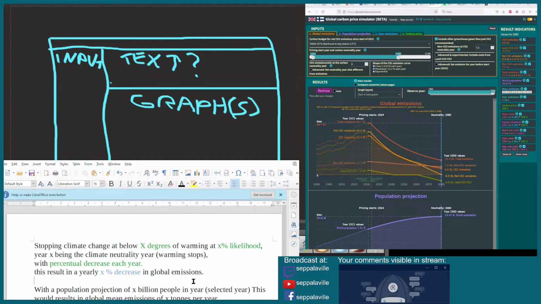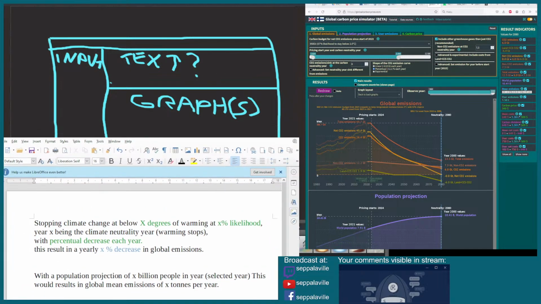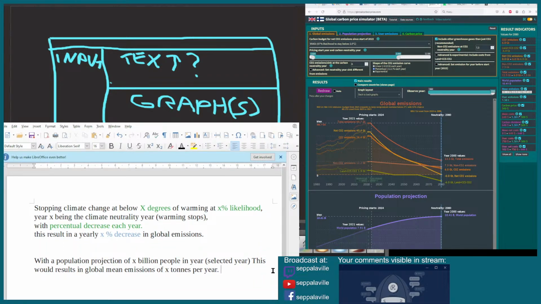So maybe we also need here, in the meanwhile, in year X, and this would again be green, or maybe in observed year X, the global emissions are X GT or something like that, and then we color this in green because it's chosen by the user.